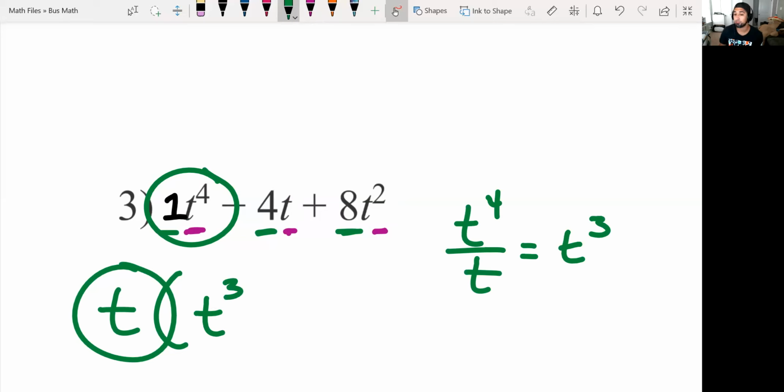Minus, do it again, t from 4t. Do the same thing. 4t, take the t away, you get 4.